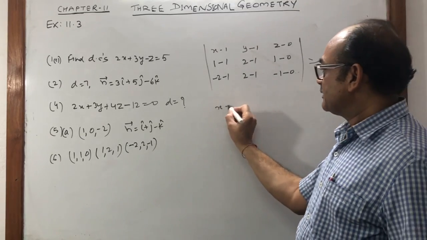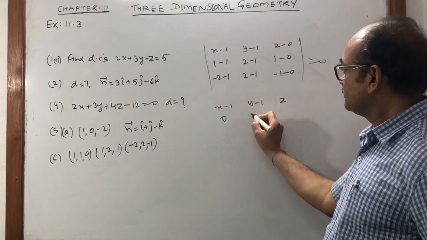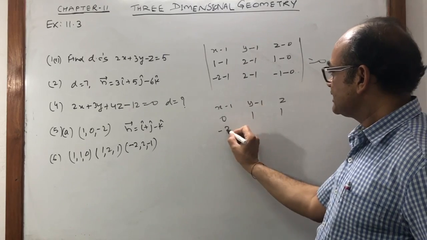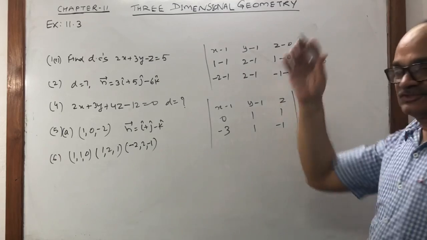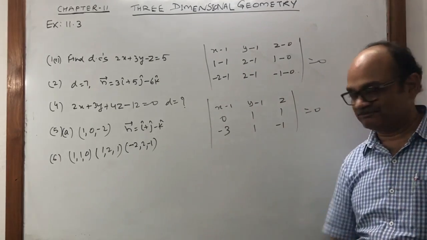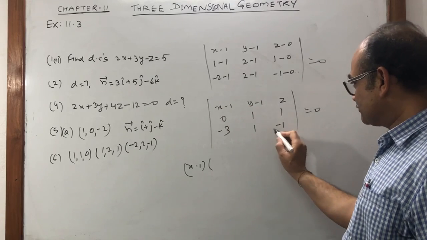So the last step, x minus 1, y minus 1, z, here it will become 0, 1, 1, minus 3, 1 and minus 1. And you know very well how to solve the determinant, it is a revision. So x minus 1 into minus 1, minus 1.